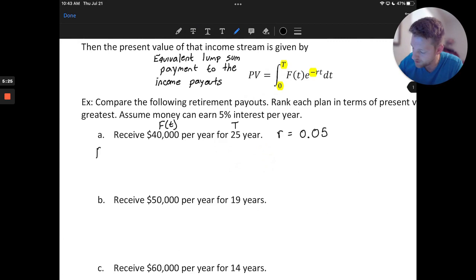So we have present value. It's going to be equal to an integral from year 0 to year 25. The income stream is going to be $40,000 times the e raised to the negative 0.05 t dt.